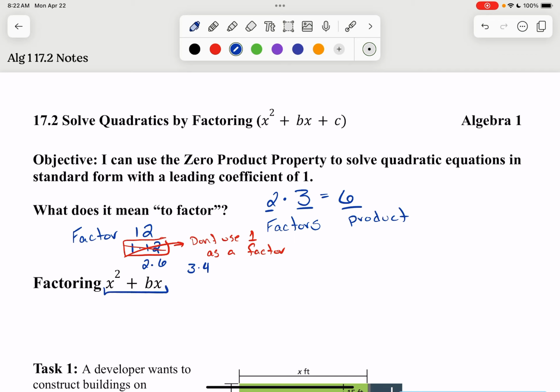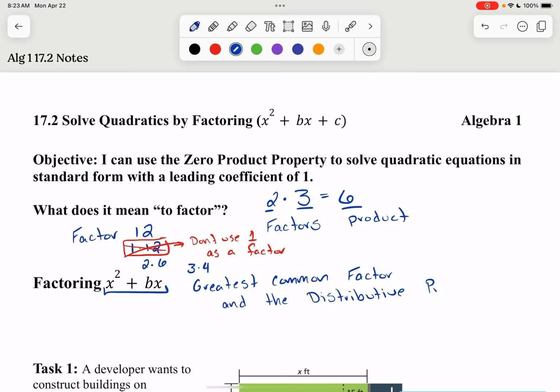In this case, we're going to use an idea called the greatest common factor and the distributive property. But we're going to use the distributive property backwards. Instead of multiplying in, we're multiplying out, or unmultiplying, dividing, I guess we could call it.